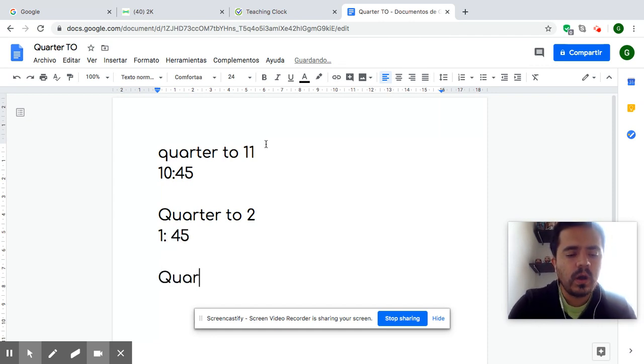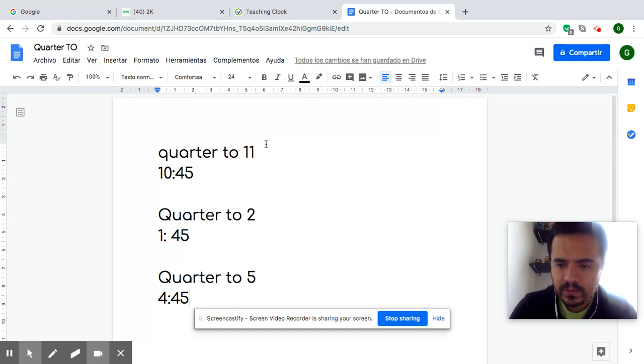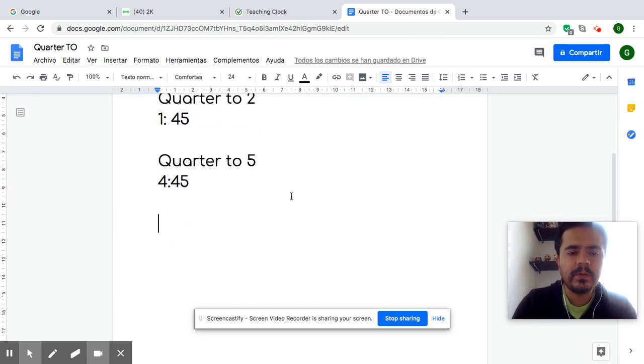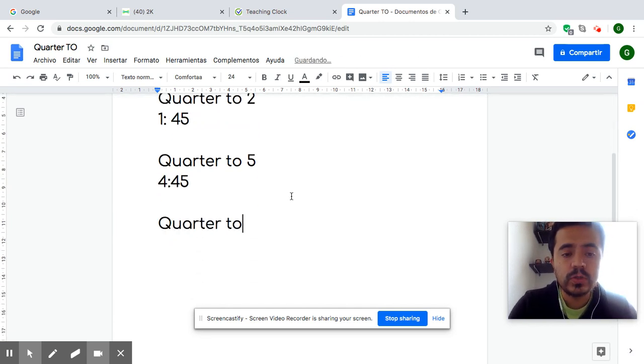How do I write quarter to 5? What's before 5? 4, right? And as you guys can see, you spot the pattern. 45, 45, 45. Do you see that? What about if I write now quarter to 7?